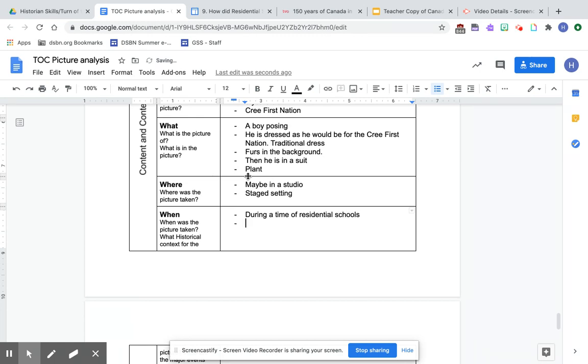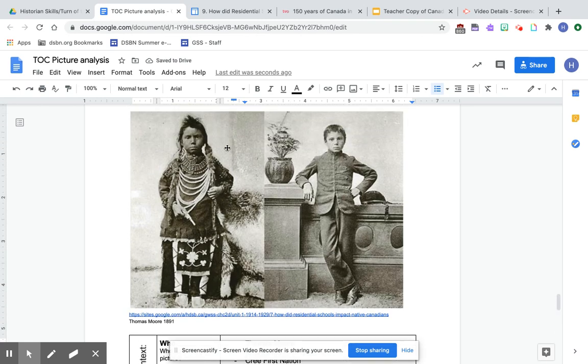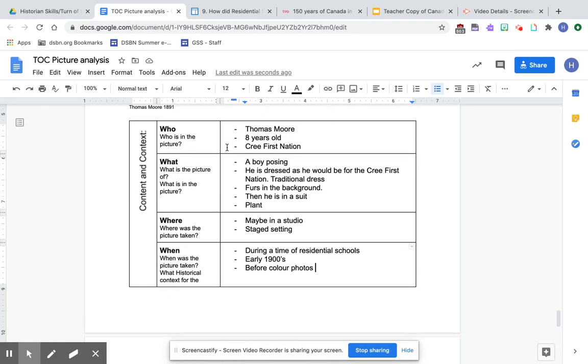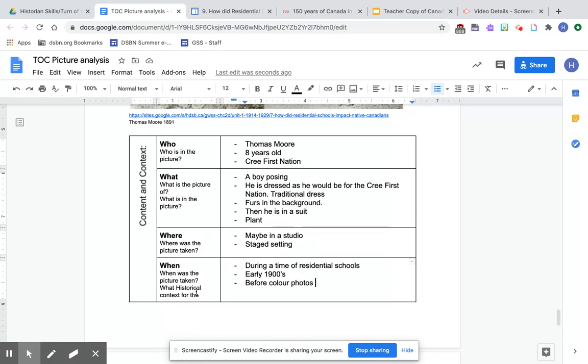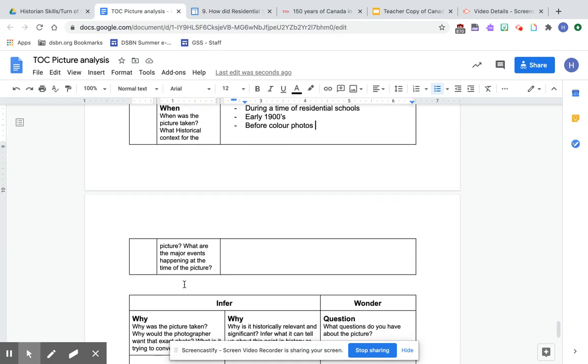And because it's black and white, we know it's probably early 1900s. We know it's before color photos come out. And because we have the background that we know he was in a residential school, that's also a part of our historical context for this time.